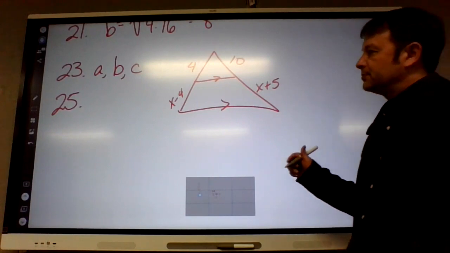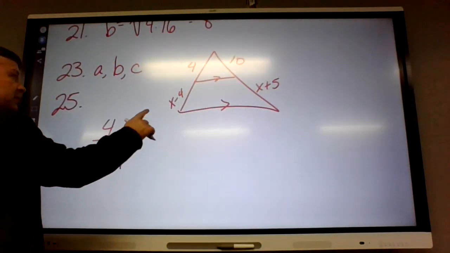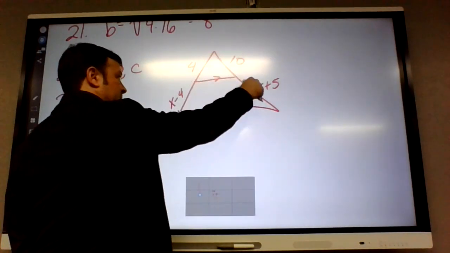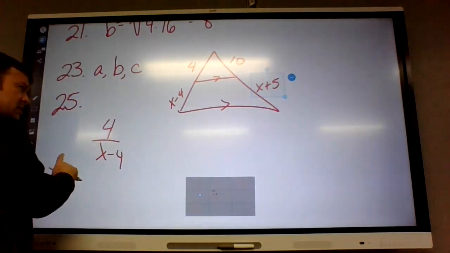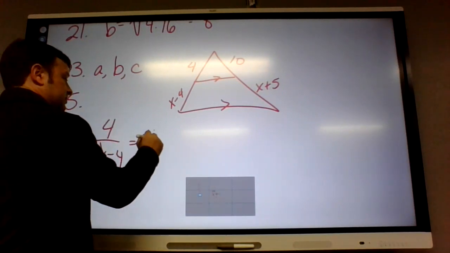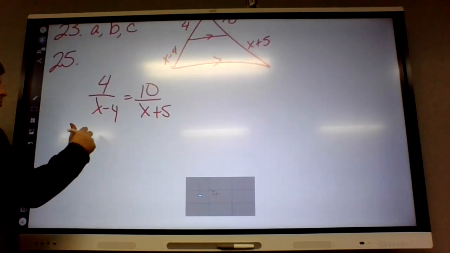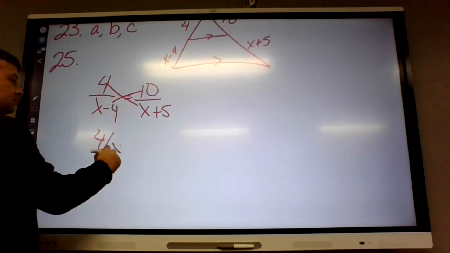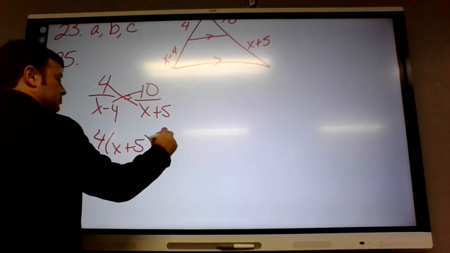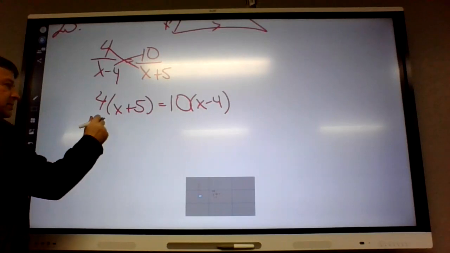4 over x minus 4. Yeah, that's fine. You go like this over this equals that over that, or this over this equals that over that. You just can't go diagonal. 10 over x plus 5. Distribute. Distribute like that.